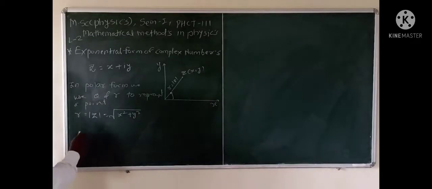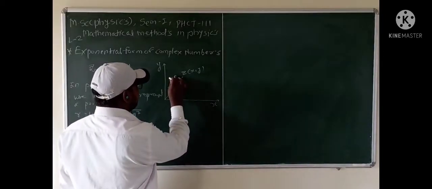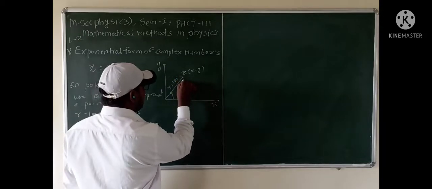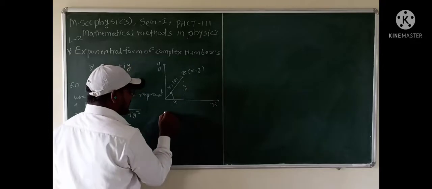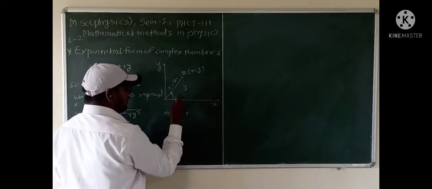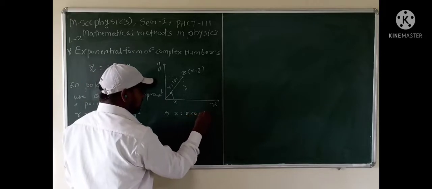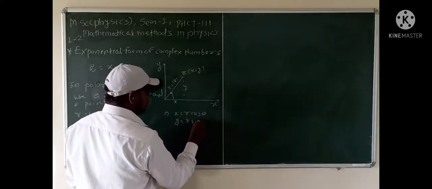Now the theta. In the relation between Cartesian and polar coordinates, we can observe that x is equal to r cos theta and y is equal to r sin theta.